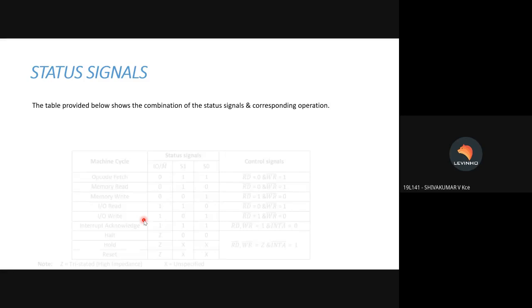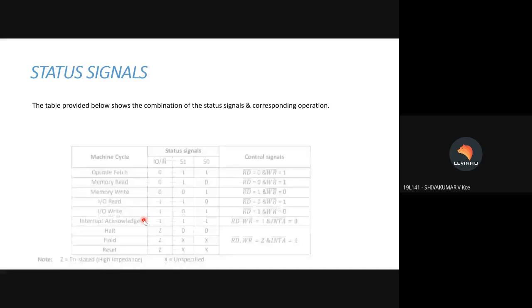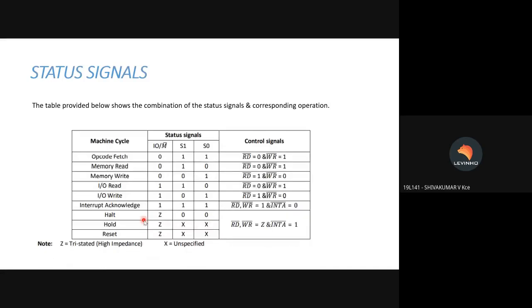Now we are going to see the combination of the IO/M bar, S0 and S1 signals. Consider the scenario. During the opcode fetch, we are reading memory, so IO/M bar remains 0.